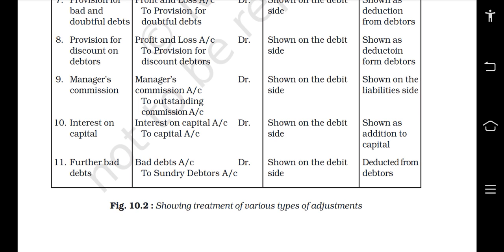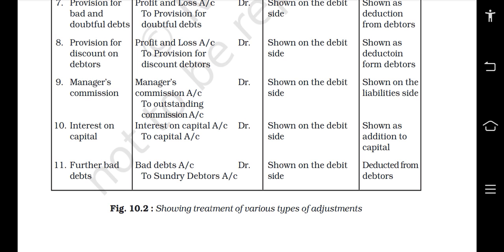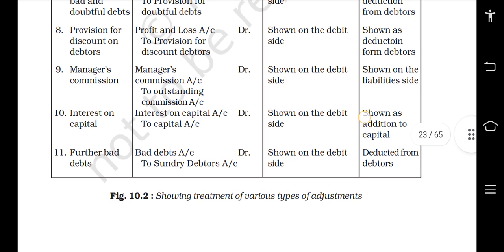And before charging means profit into 10 upon 100. If before charging manager's commission is given in the additional information, then profit into rate of commission divided by 100. But after means rate upon 100 plus 10, that means we have to take 110. And it is shown on the debit side as an expense.